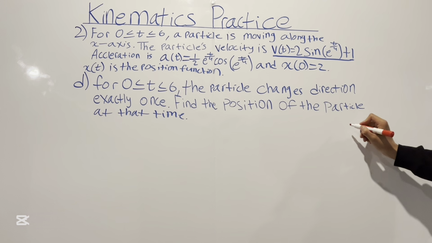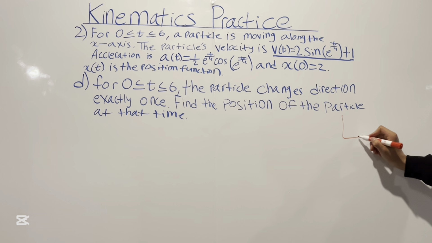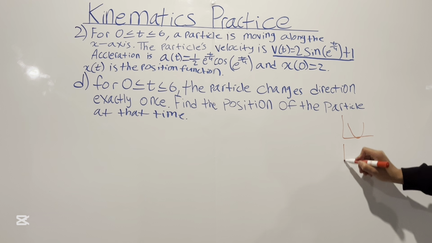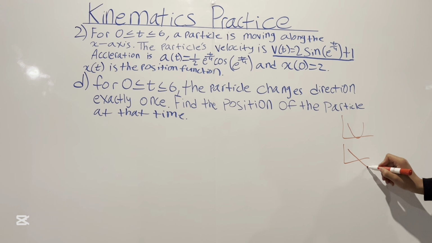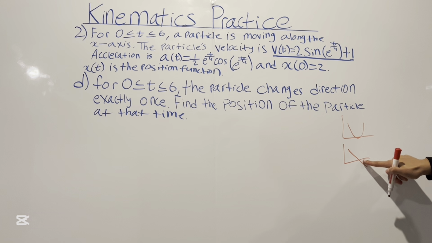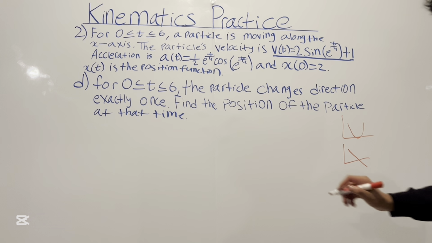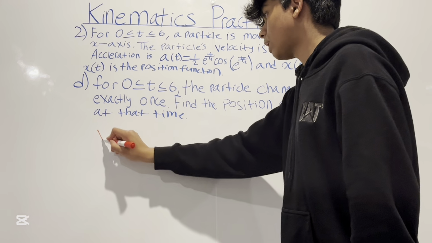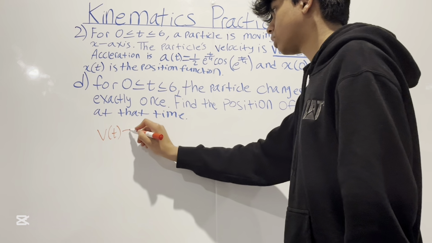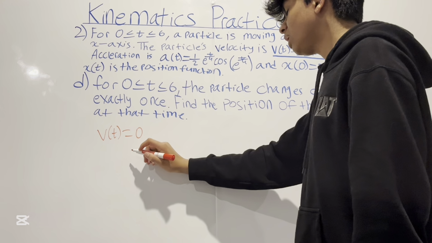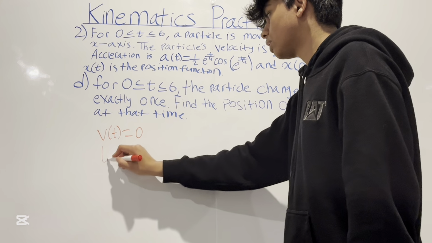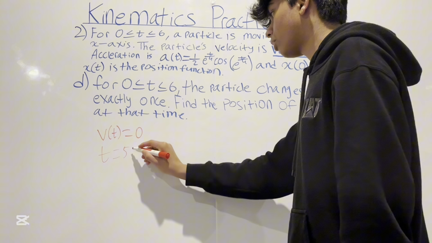And what that basically means is, like, this is the x-axis, this touches the x-axis, but it doesn't cross it, it bounces back up. To cross it, you would literally just cross it. So, if you set v of t equal to 0, the only t value you're going to get is t is equal to 5.2.